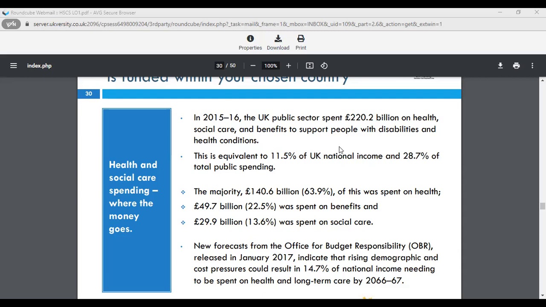Then there are several other conditions that the health expenditure goes to also. The majority of the 140.6 billion, so that's 63.9%, was spent as follows: 49 billion pounds was spent on benefits and 29.9 billion was spent on social care.